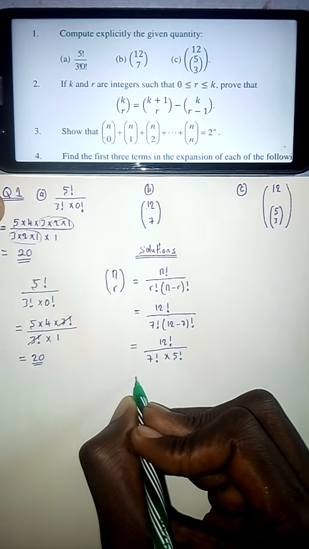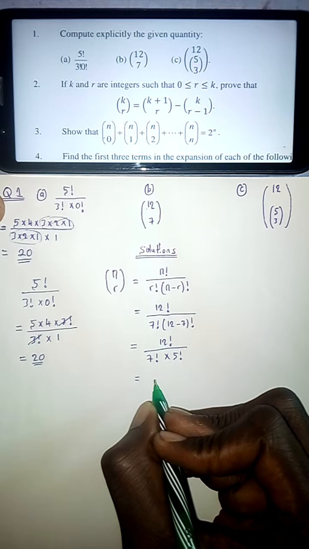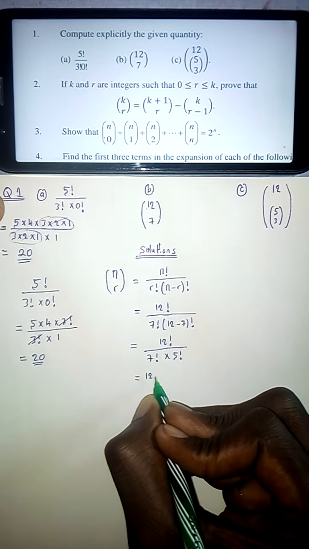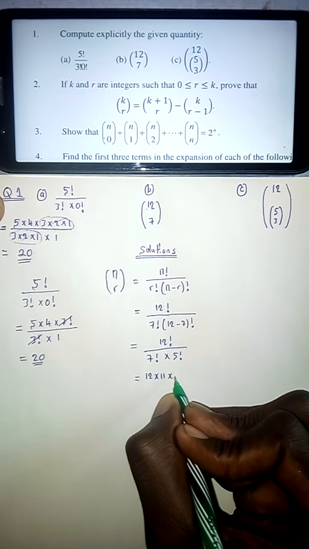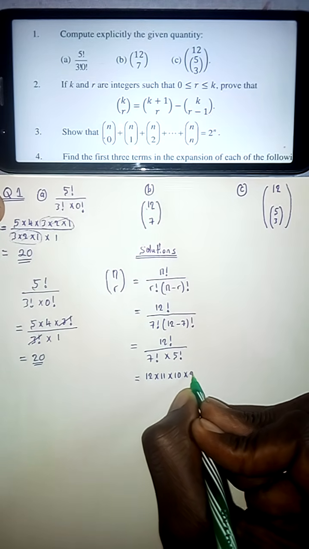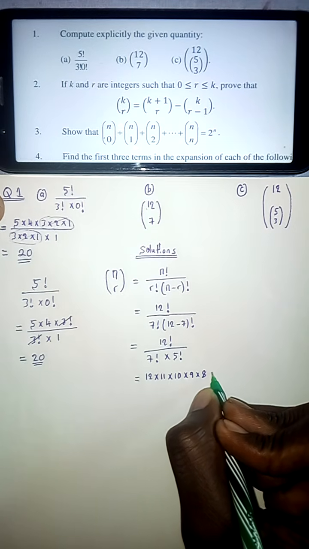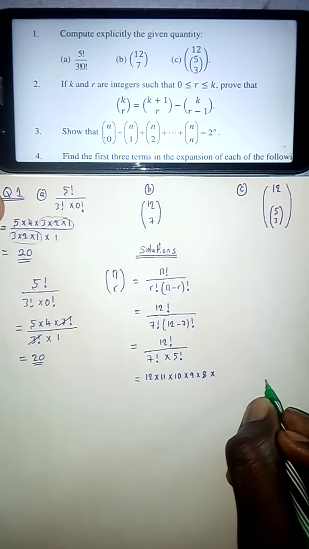So what is 12 factorial? Well, 12 factorial can also be written as 12 multiplied by 11 multiplied by 10, 9, 8, all the way up to 1 if you want.